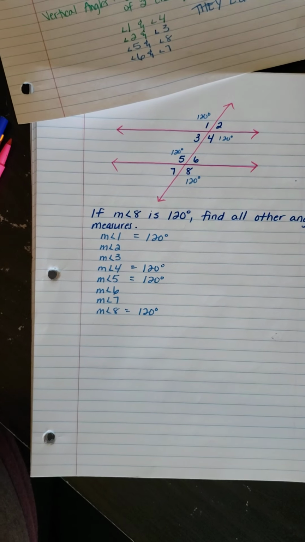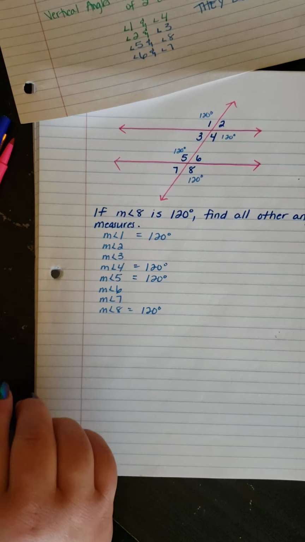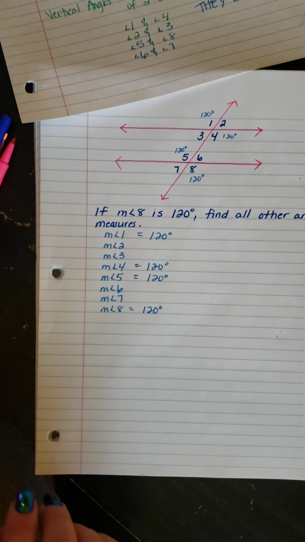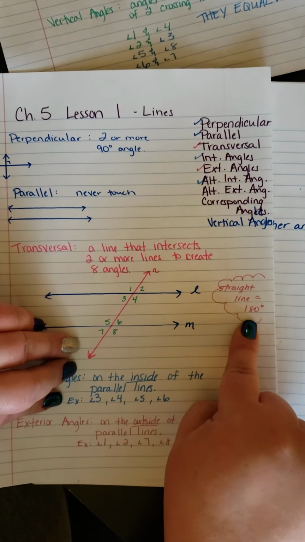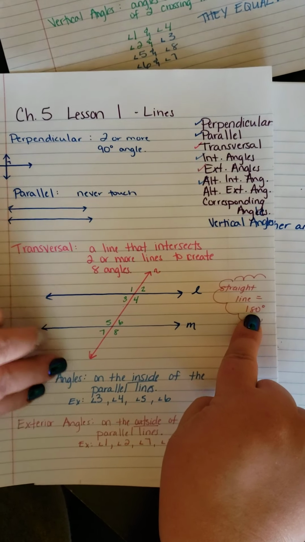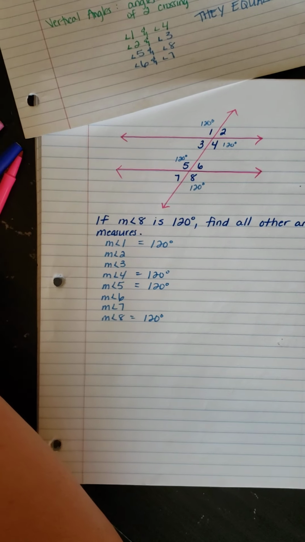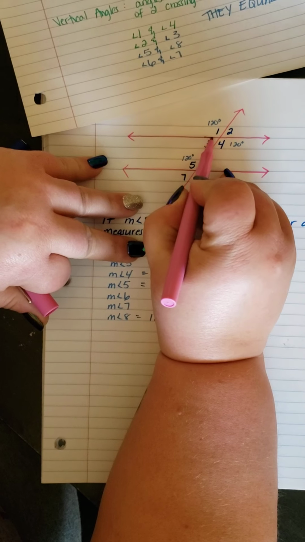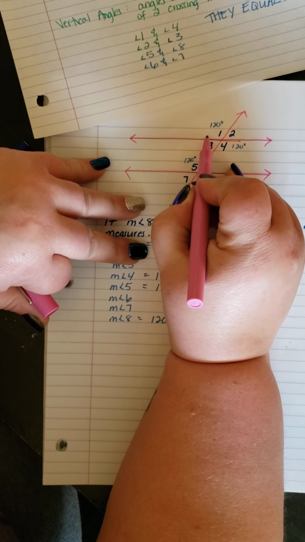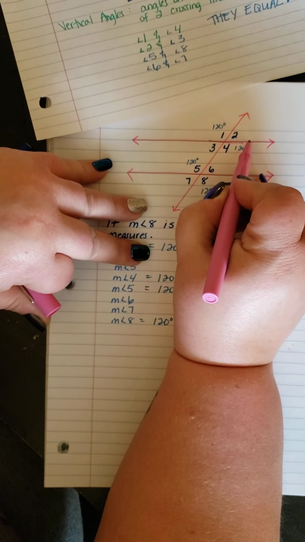Well, now we might be thinking, okay, well, sure, but now what? Do you remember way back in the beginning when I talked about that whole straight line thing? Straight lines equal what? 180 degrees. Well, then, that would tell me that this line right here means that these two angles altogether have to equal 180 degrees.